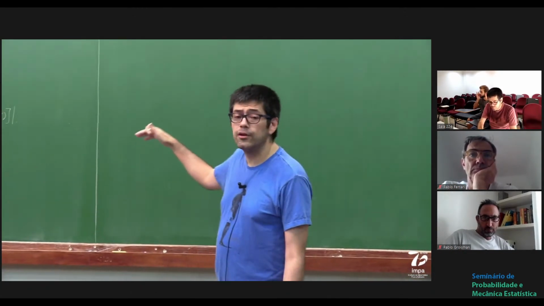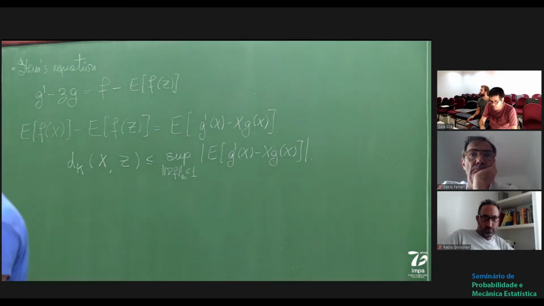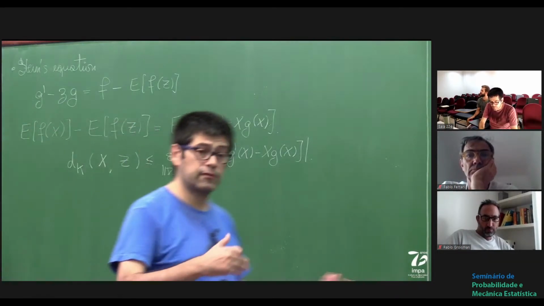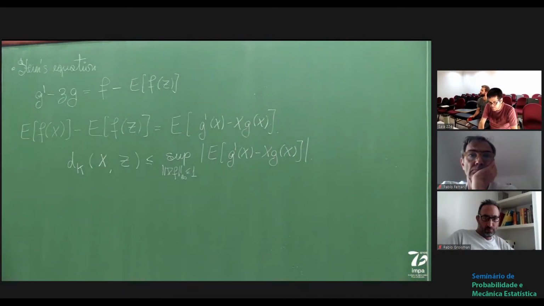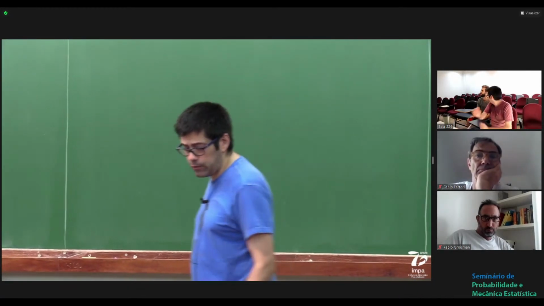It's not very difficult, and it's very interesting because it's very different from the usual proof that one is used to with the characteristic functions maybe and this type of techniques, and it's quantitative. And that's always the nice thing about it, is that it gives you a number. If you estimate things properly, you get a speed of convergence. Okay? So this is a quick overview of Stein method.